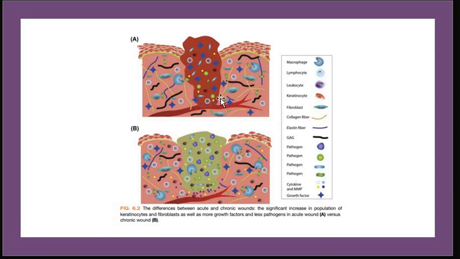So, in an acute wound, not many tissues are involved, and the wound heals in a normal healing process. But in a chronic wound, a number of layers of the skin and tissues are involved, so it usually takes time and heals with hypertrophic scarring.